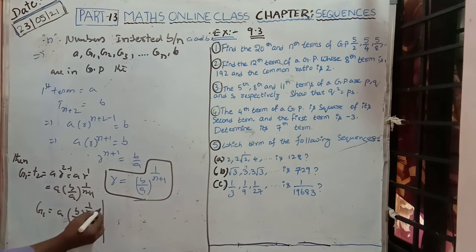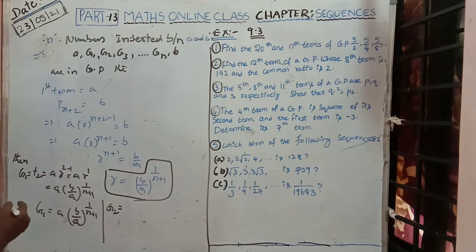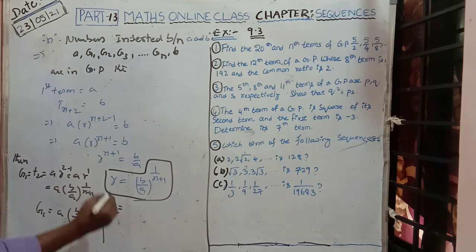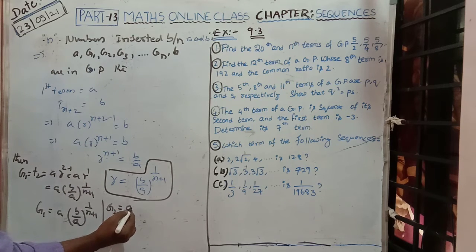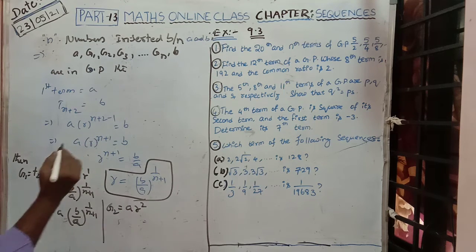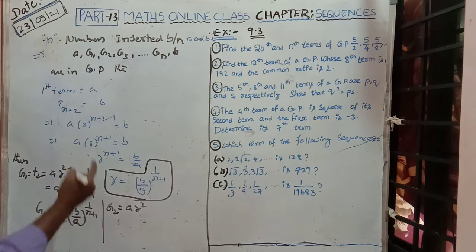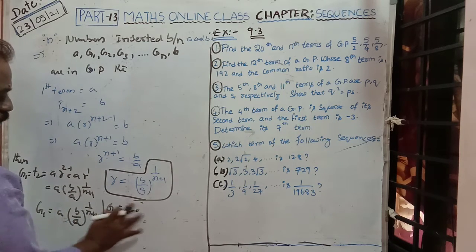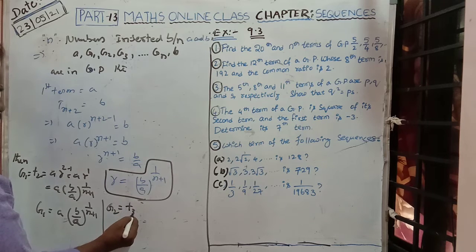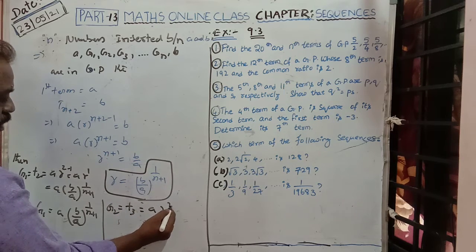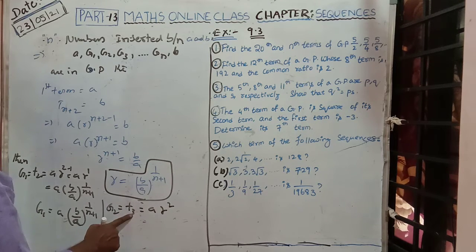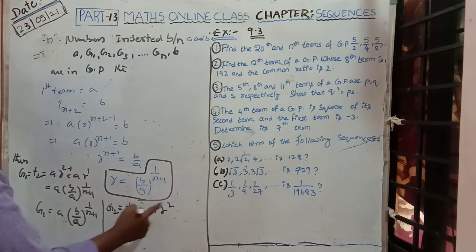What is G2? G2 is the third term. Third term is A R square, 3 minus 1. Similarly, 3 is there, 2; 5 is there, 4; 10 is there, 9.